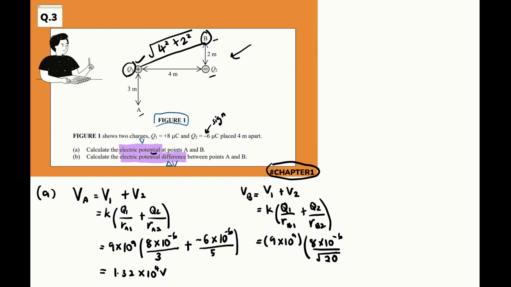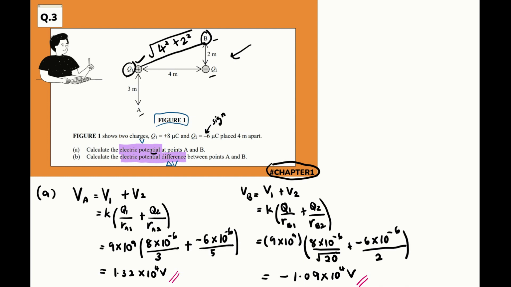Square root 20, plus negative 6 times 10 to minus 6 over 2. Then you will get negative 1.09 times 10 to 4 volts. So this is for VA and this is for VB.